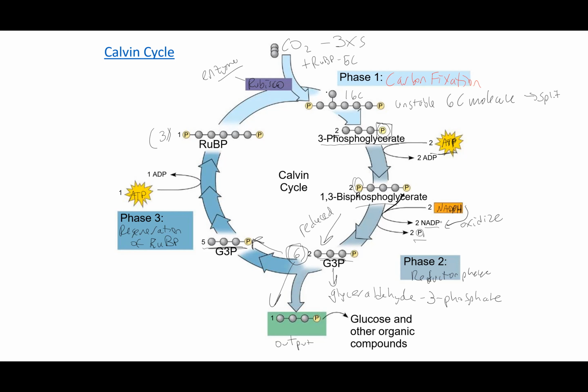And what is going into the Calvin cycle? Carbon dioxide, ATP, and NADPH. Okay, so we're putting in carbon dioxide, that's going to be the source of carbon for our carbohydrate that we're making.